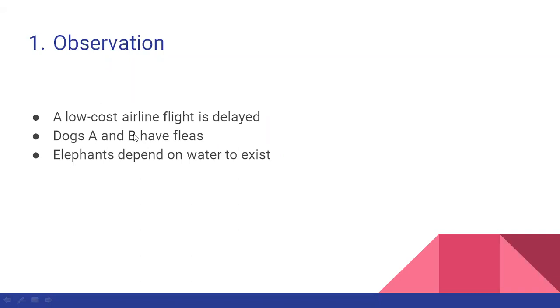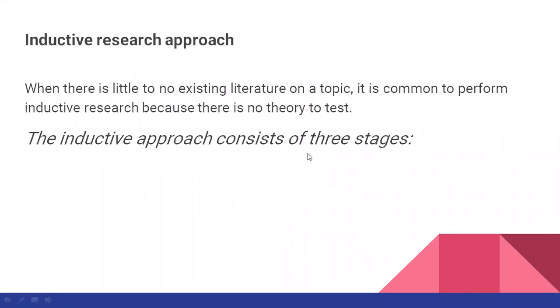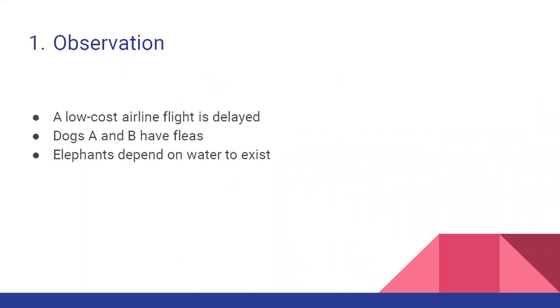Next example, dogs A and B have fleas. Then the next example, elephants depend on water to exist. These are three observations that we have made. This means observation is the first stage of inductive research.